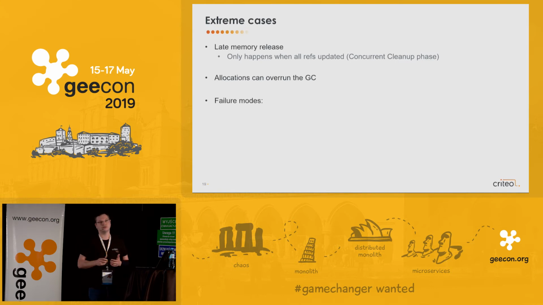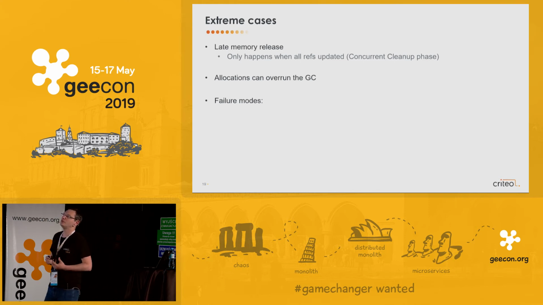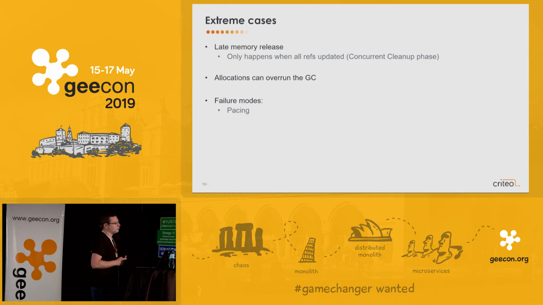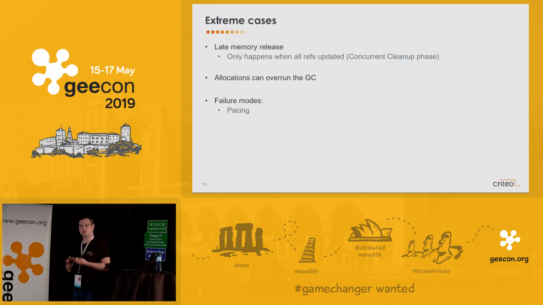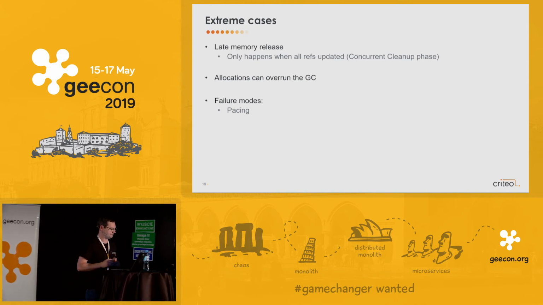So to deal with this kind of extreme case, there are three failure modes. The pacing. The pacing is inserting some Thread.sleep into the application threads to pace those threads and try to finish the GC cycle.